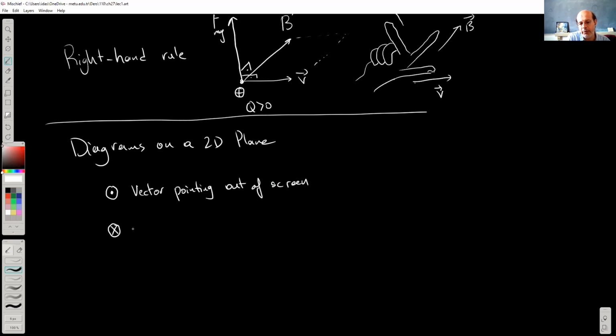And I'm going to use this notation for a vector pointing into the screen.